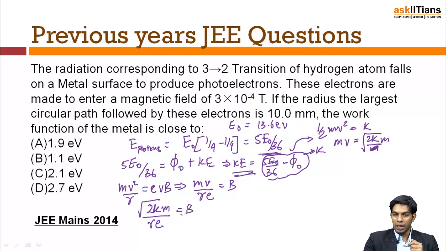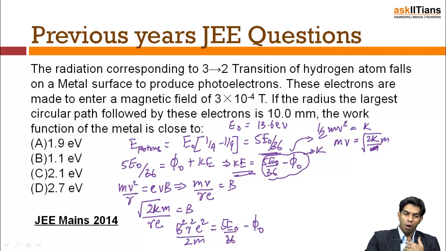Now I need to find out the work function, and if you look at it, what is our k? k is basically 5 E naught by 36 minus phi naught. So I'll substitute the value of k over here to evaluate the work function. So I have B square R square e square divided by 2m equals 5 E naught by 36 minus phi naught.